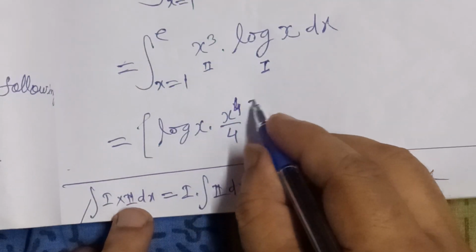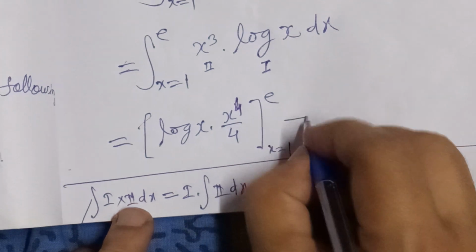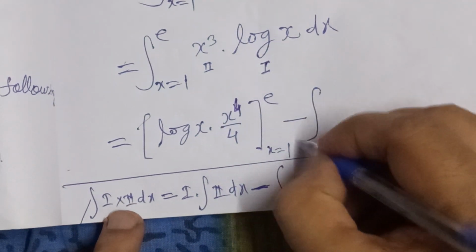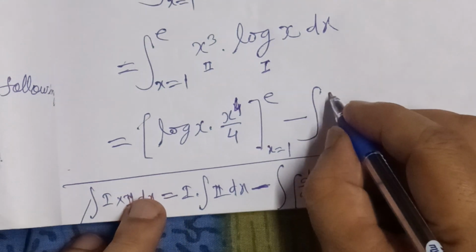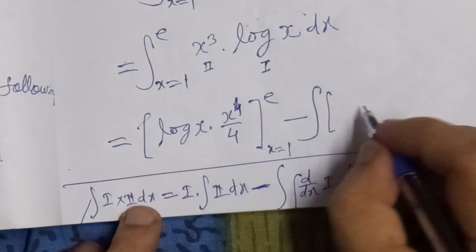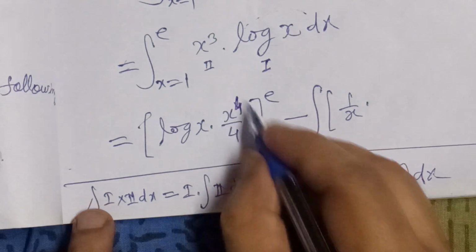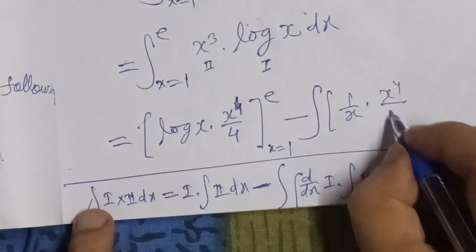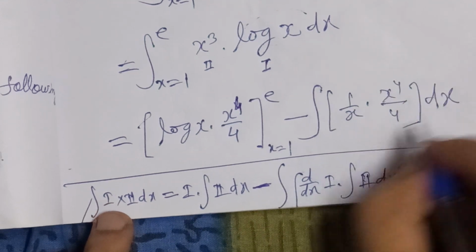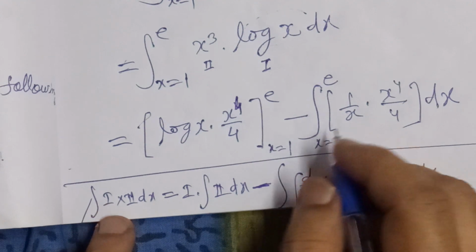The differentiation of log x is 1 upon x, and the integration of the second is x to the power 4 upon 4, all integrated with respect to x from 1 to e.